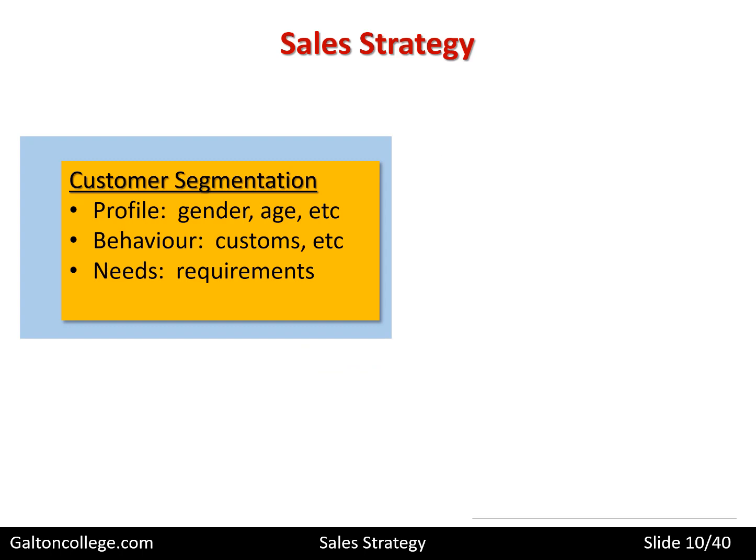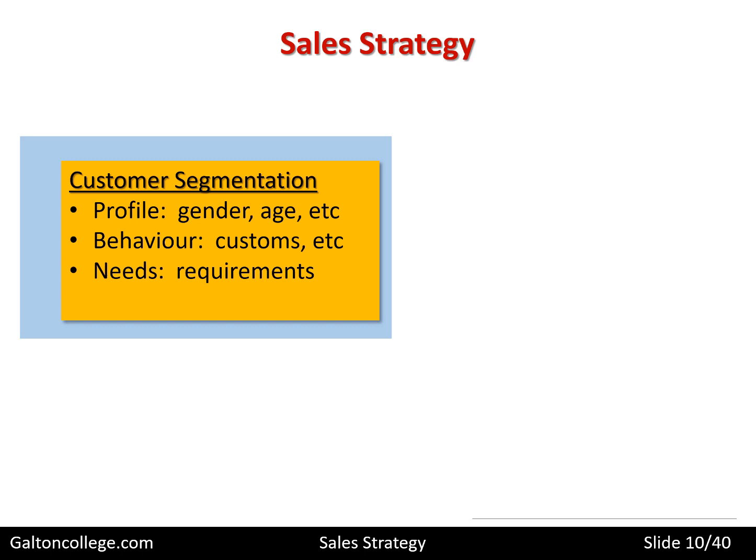So now when we think of customer segmentation, we can think of gender, age, income groups. We can think of all of the various ways in which we can divide up a target population into different segments, and then we can identify the attributes of those segments in terms of their customs, their traditions, the ways they go about living, and their lifestyles, and so we can look at their behaviors within the segments.